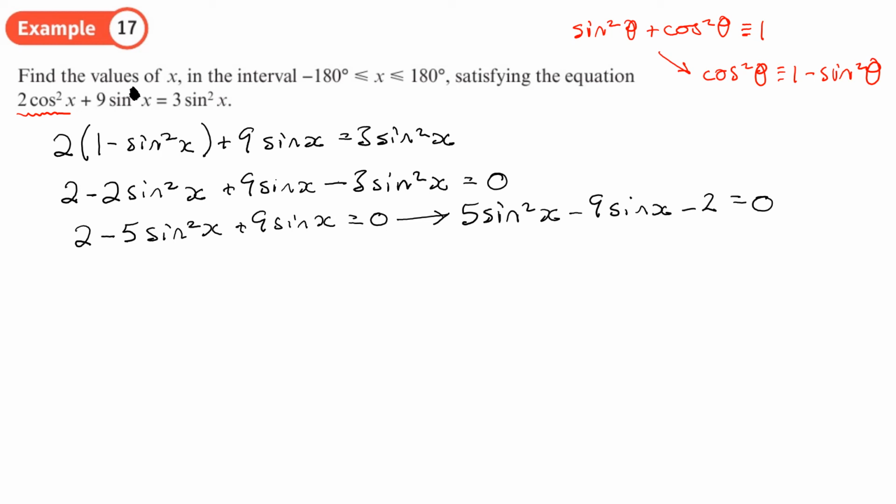Now, rather than messing around and trying to work out if it's going to factorise, I'm going to use the quadratic equation. If a is 5, b is negative 9, and c is negative 2. So that'll give me minus b, 9, plus or minus square root of b squared, negative 9 squared, minus 4 times a times c, all over 2a.